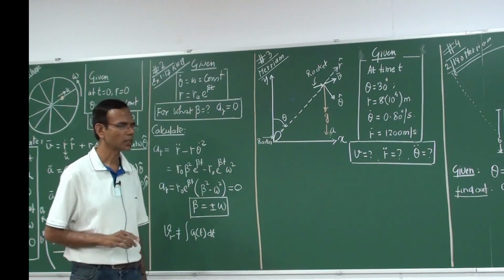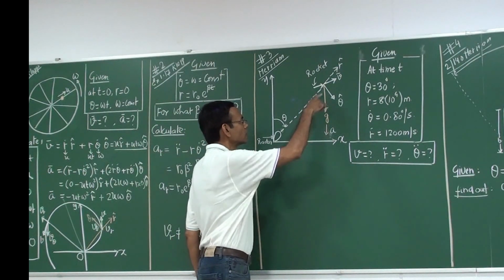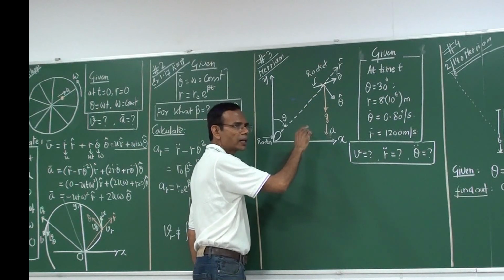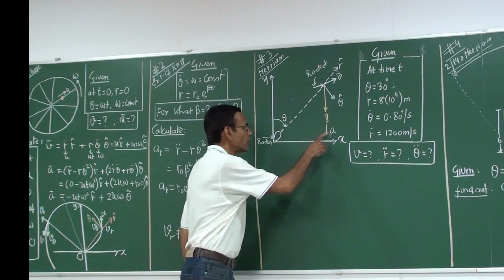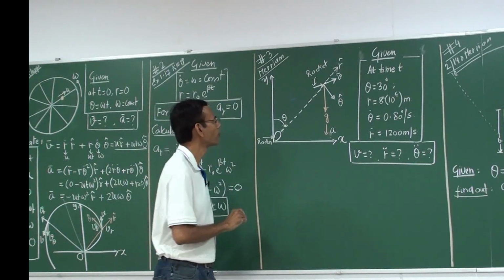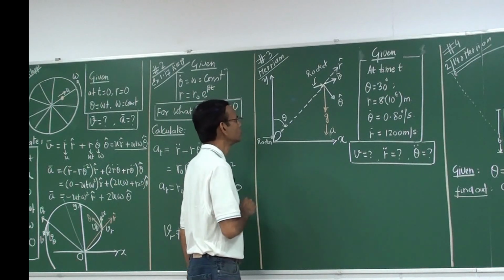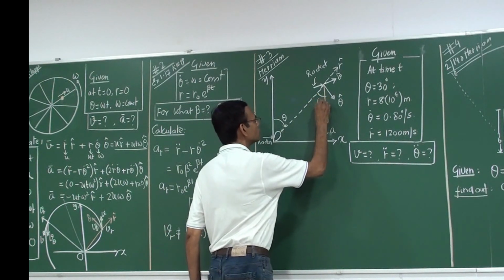Here what you have to see is that the acceleration vector is downward and its magnitude is given. So you get the acceleration vector that is given to you. Okay? Now what you can do, this is your theta, this is also your theta.